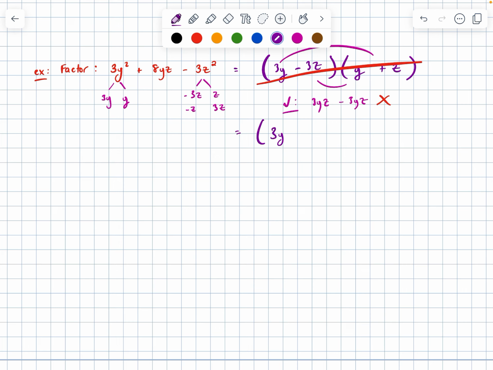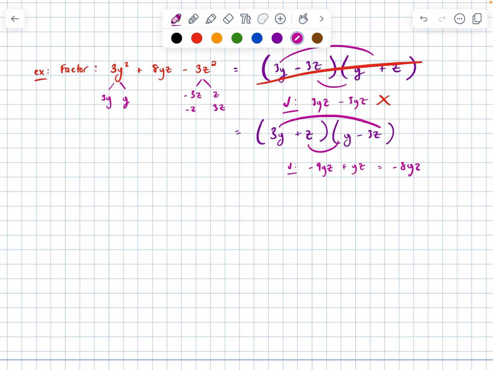Let me try another option. Maybe I'll flip it. So let me take 3y plus z, and then I'll swap that with the negative 3z. Well, over here, doing some met-wet, let's check my middle term. 3y times negative 3z is going to get me negative 9yz. Z times y, that's going to get me positive yz.